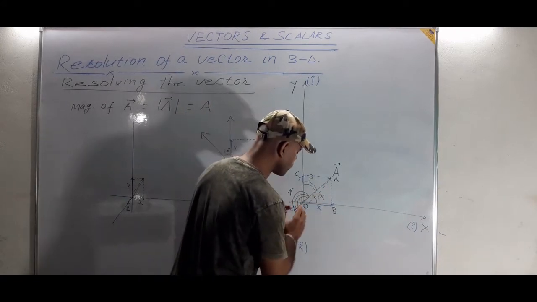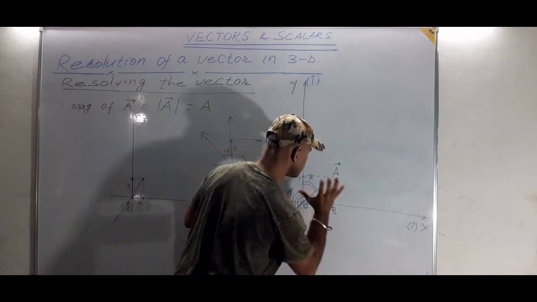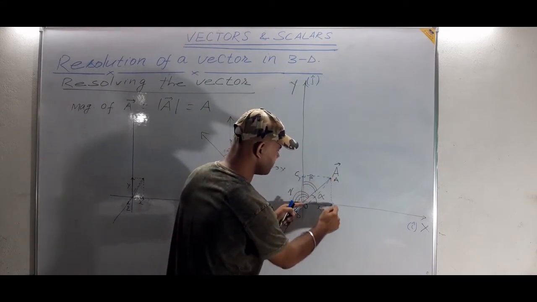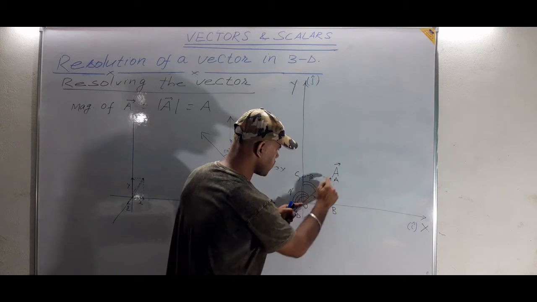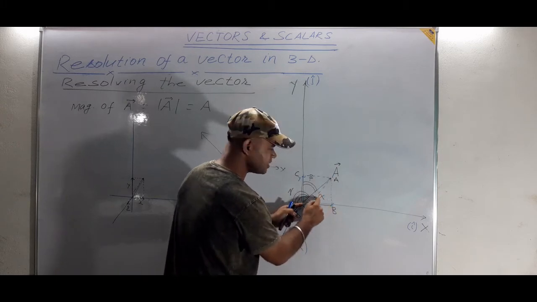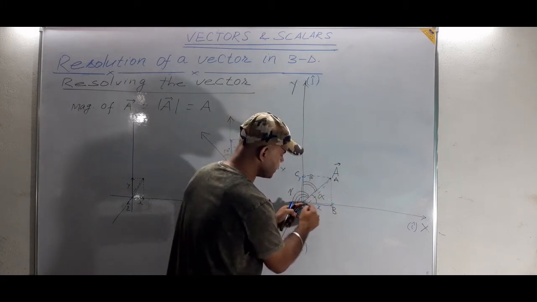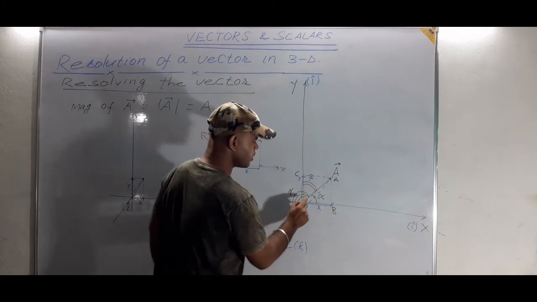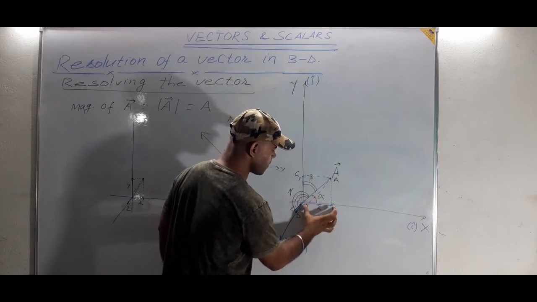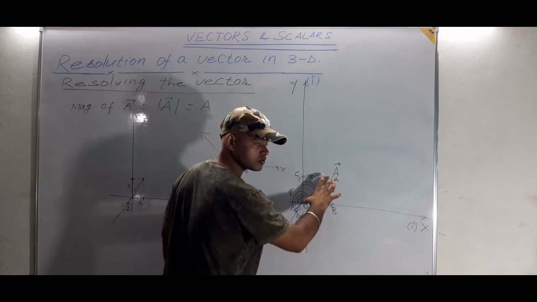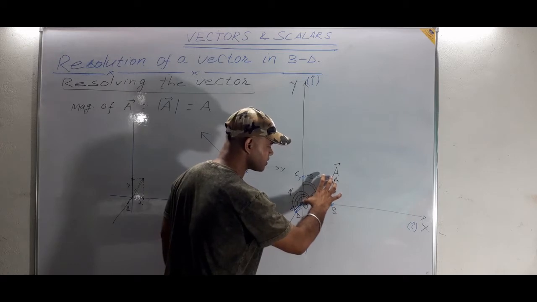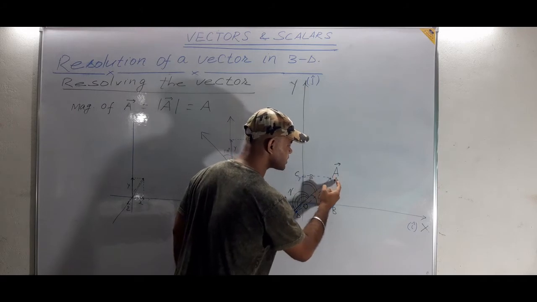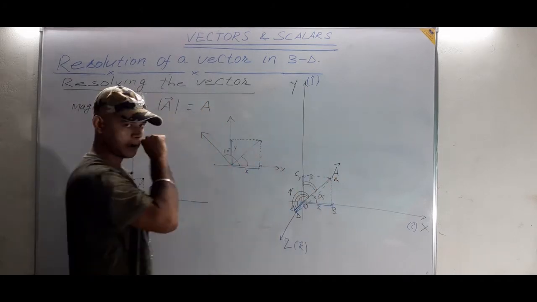First of all, I am going to find the x component, that is OB. So look in this right angle triangle OAB. In the right angle triangle OAB, the angle is alpha and OB is the base of the triangle. So can you write cos of alpha is equal to base upon hypotenuse, and this hypotenuse is nothing but the length of the arrow, that is the magnitude of the vector, that is equal to A, right?